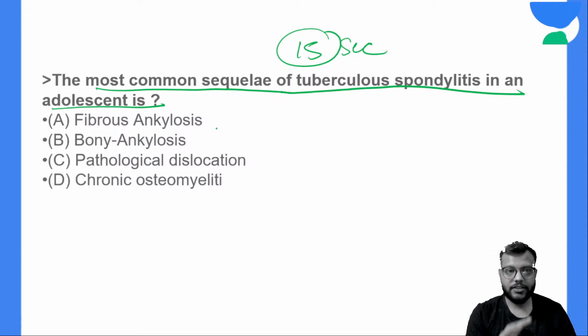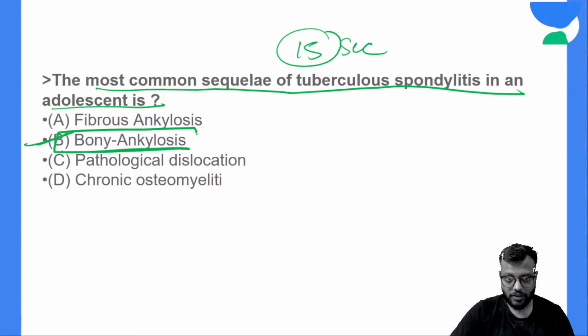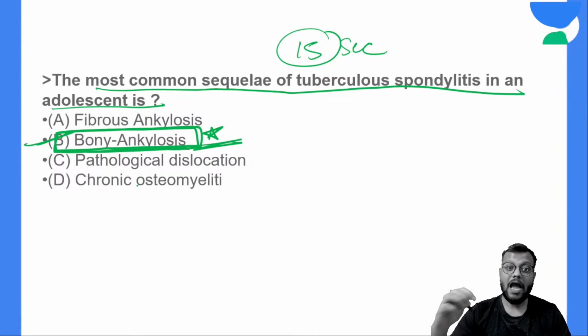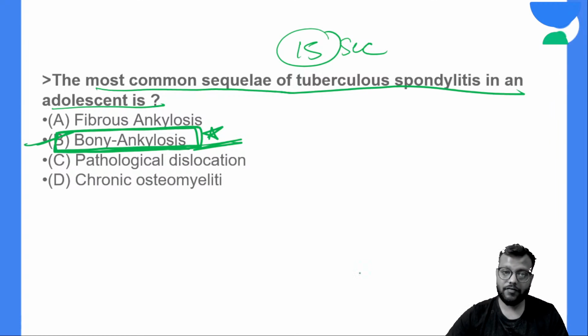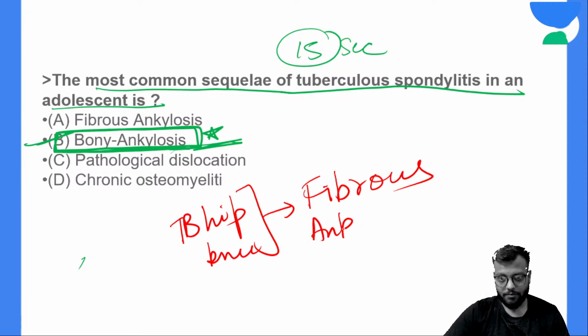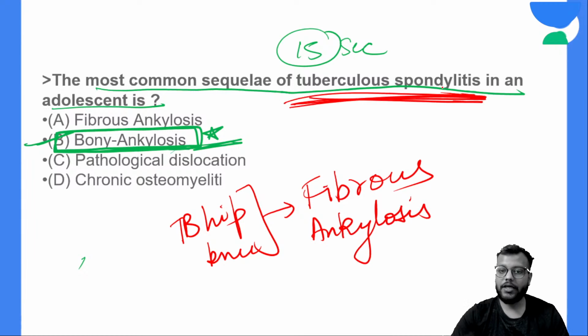It starts with fibrous ankylosis, but the most common sequelae, especially in the adolescent, is bony ankylosis. Remember this, bony ankylosis occurs in TB spine. In ankylosing spondylitis also there is bony ankylosis. Remember in case of tuberculosis of hip or tuberculosis of knee, there will be fibrous ankylosis, but in case of tuberculosis of the spine, there will be bony ankylosis.